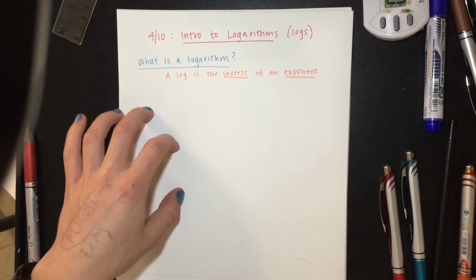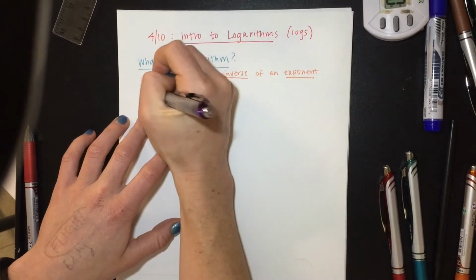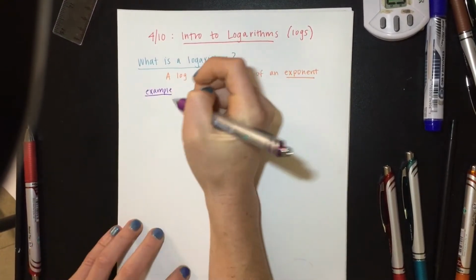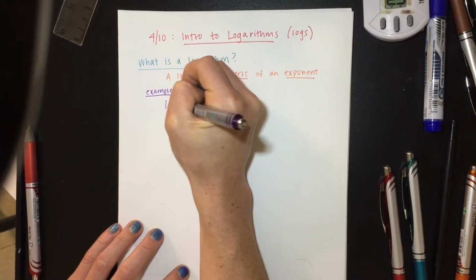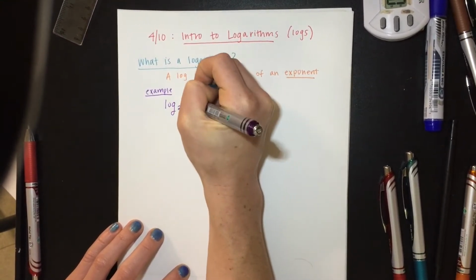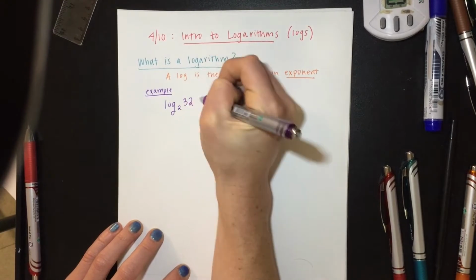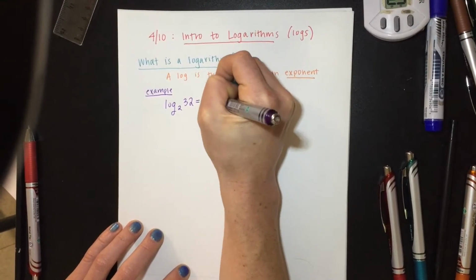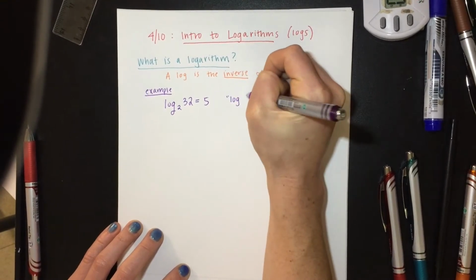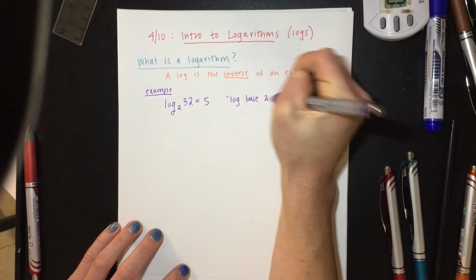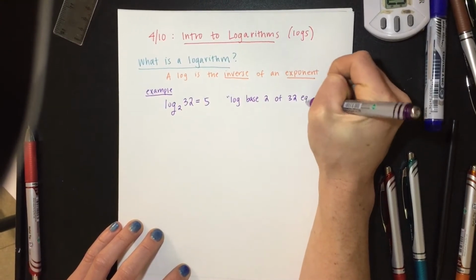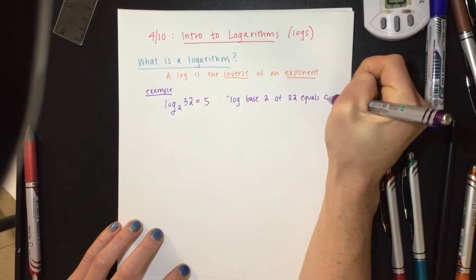So, I'll give you some examples. Log base 2 of 32 equals 5. The way we say this is log base 2 of 32 equals 5.